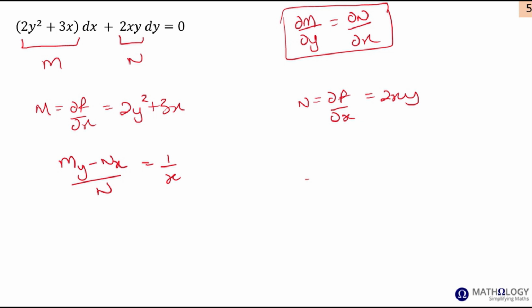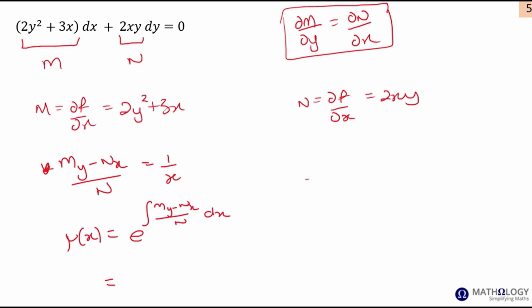Now that we've established an expression for M sub y minus N sub x over N, we're now going to establish the integrating factor. The integrating factor, in this case, since we've used this particular expression, is mu of x, and that equals e to the integral of M sub y minus N sub x over N, with respect to x.